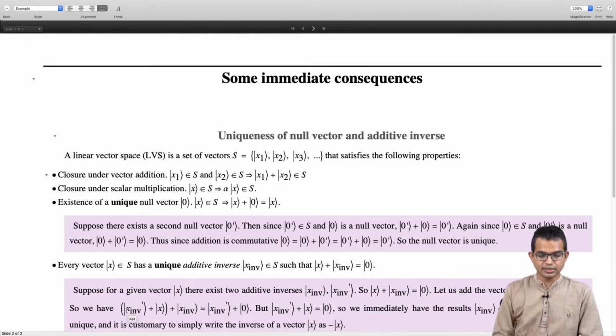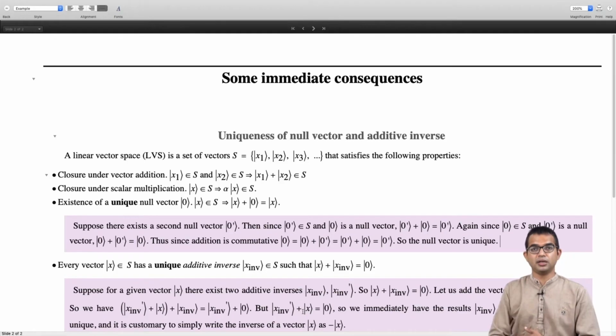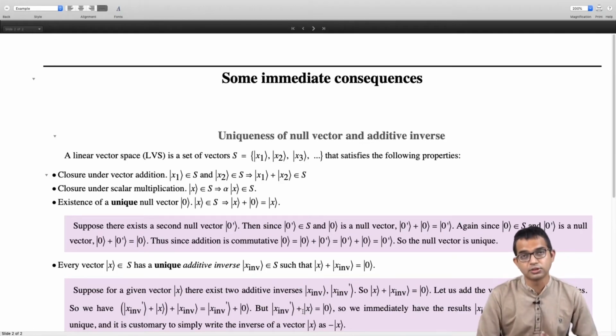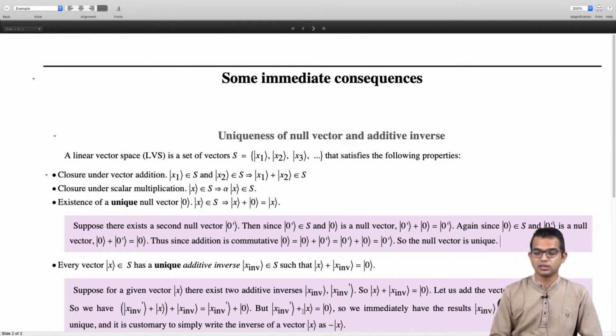But what is x inverse prime plus x? I can combine the first two objects. This must be 0 by definition, since x inverse prime is an additive inverse of x. So we immediately have the result x inverse is equal to x inverse prime.